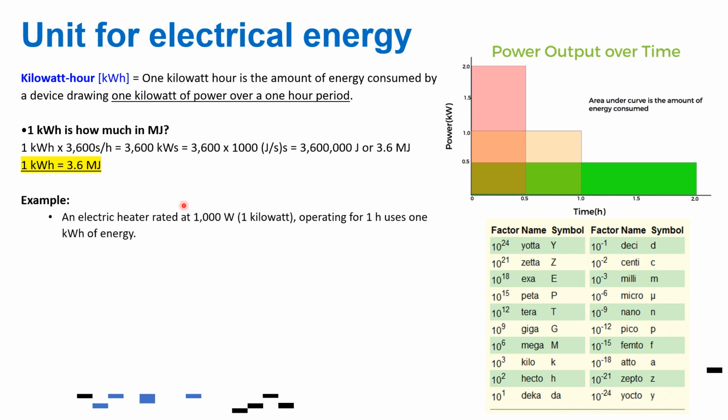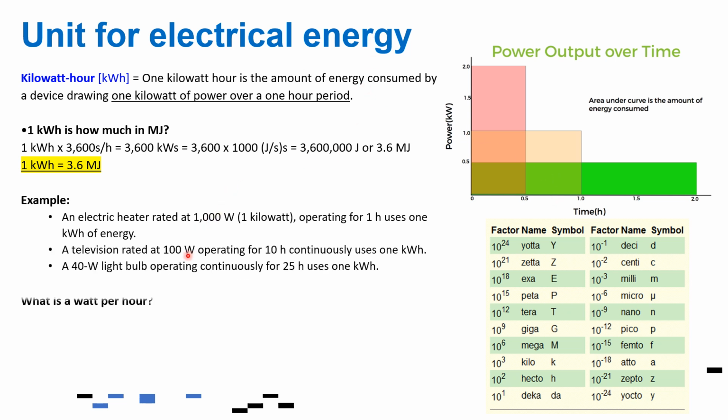So for example, if we're looking at these examples that I mentioned here, an electrical heater rated at 1000 watts or 1 kilowatt operating for 1 hour uses 1 kilowatt hour of energy, which is basically this part here.